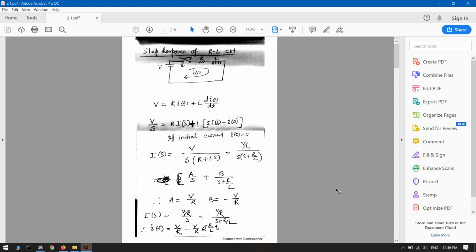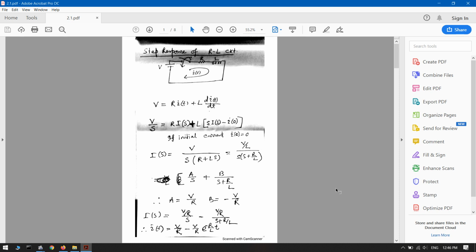So what will be its KVL equation? E into delta t equals R i(t) plus L d/dt of i(t). Now, if we take the Laplace transformation on both sides of this equation, what is the Laplace transformation of E into delta t?